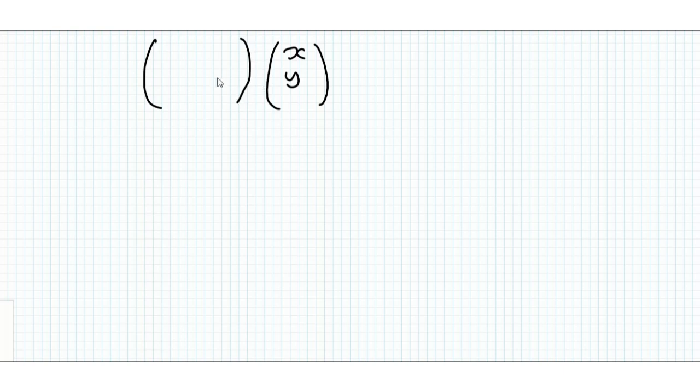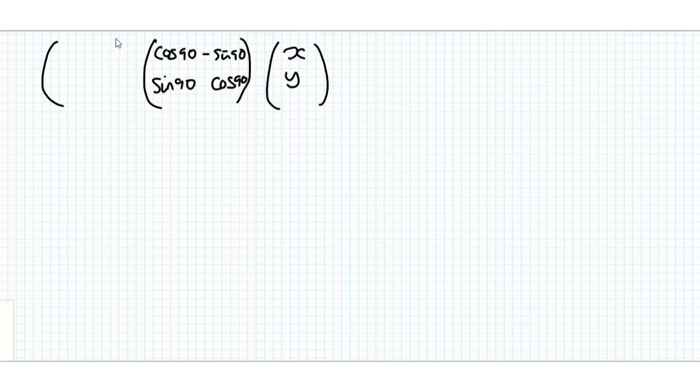So we first apply our rotation matrix, so that would be cos 90, -sin 90, sin 90 and cos 90. Of course, cos 90 is 0 and sin 90 is 1, but we'll factor that in later.